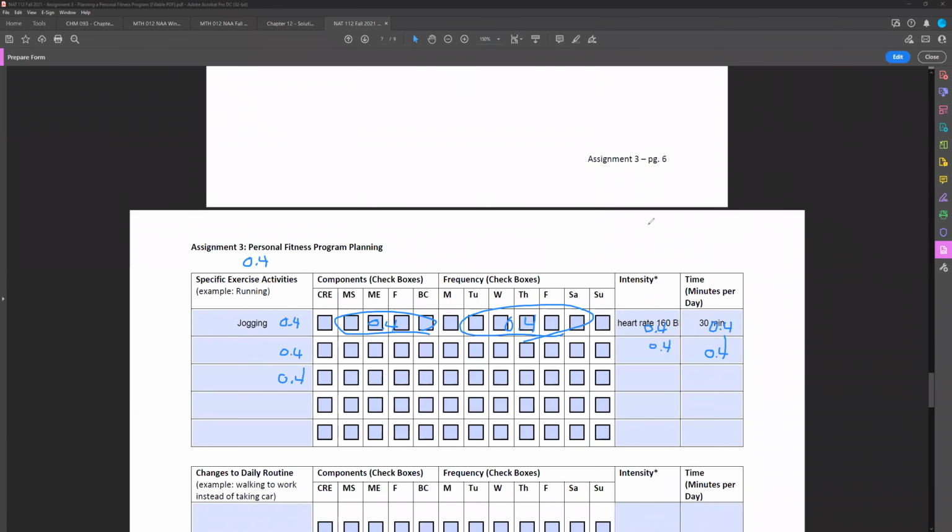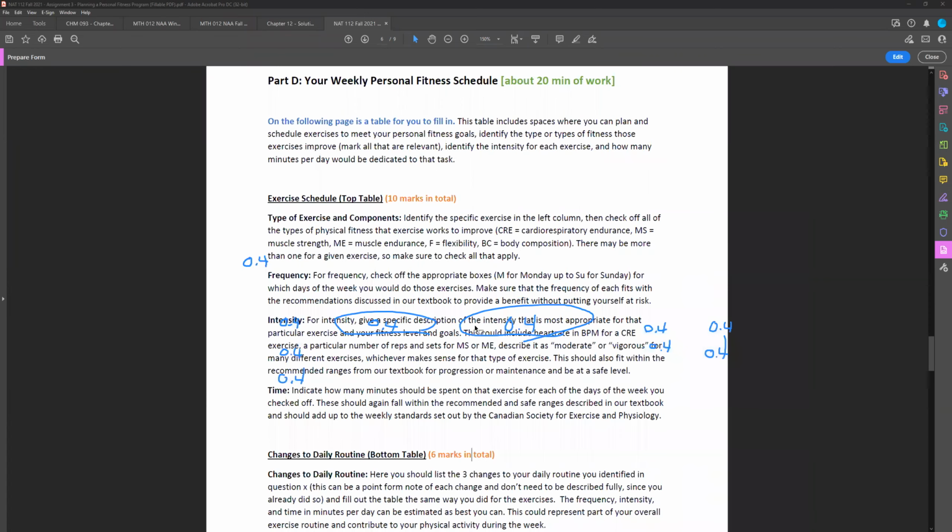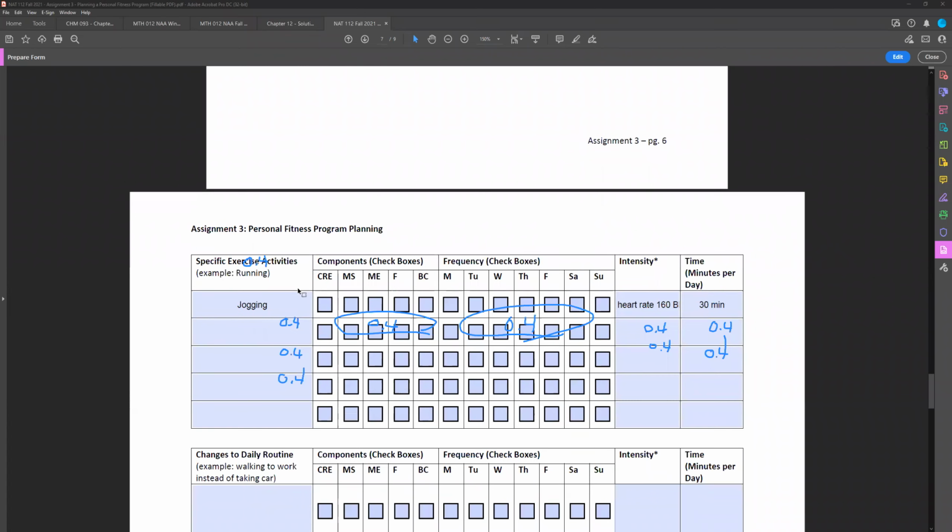It does not add up to a total of 10. It's not 0.4. How much did I say this is worth? All of a sudden, all my math is gone. 10 marks in total. I can't do the math right now. I don't know why my brain is fried from not getting sleep, but the marks are equally distributed throughout the table. I just can't think of the math right now, but it's not 10 marks.